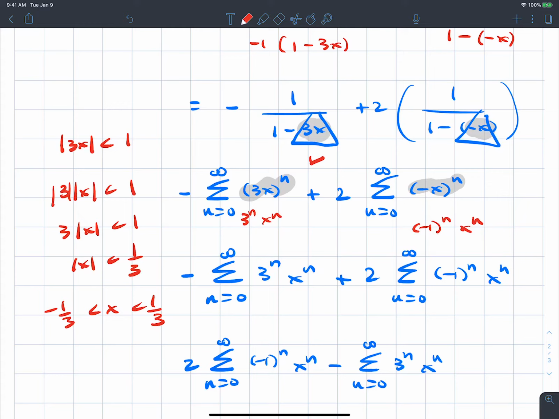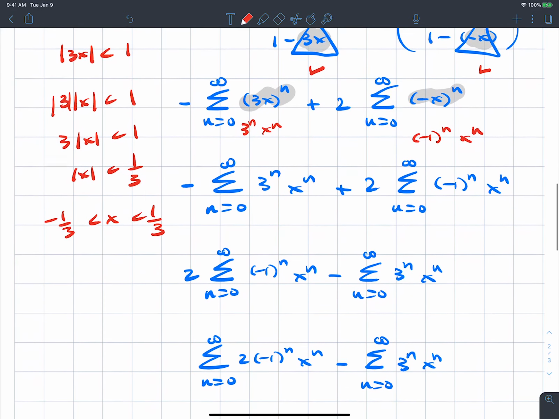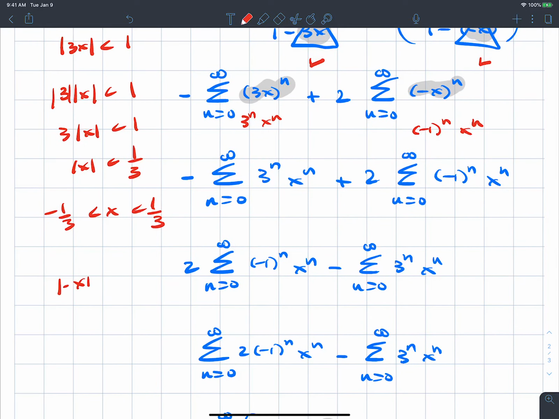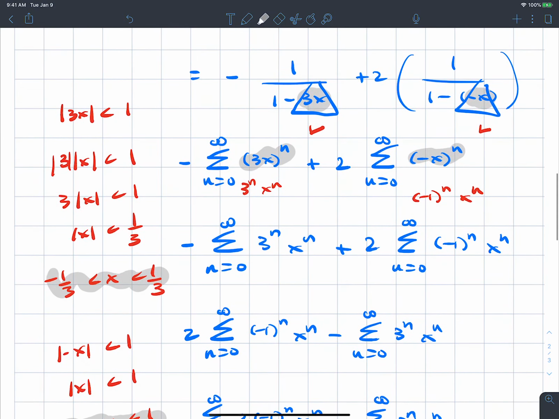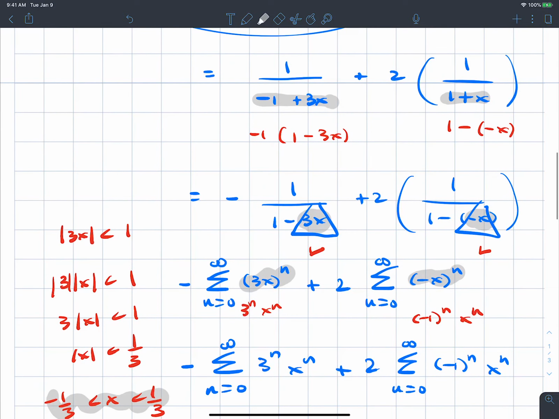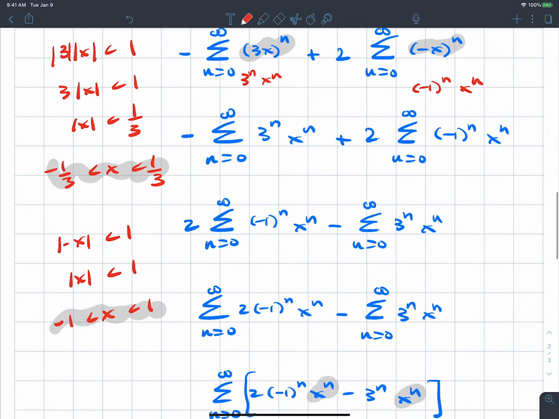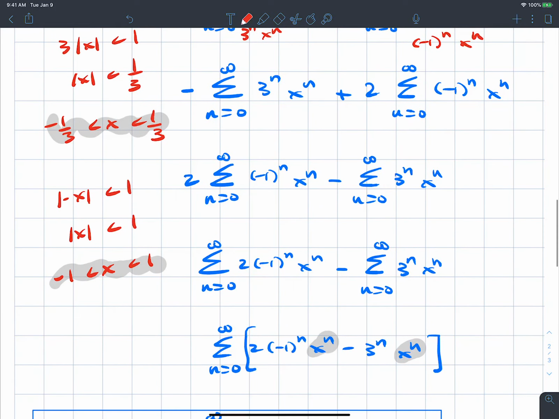Now be careful. We have 2 functions here to expand. And the absolute value of negative x now has to be smaller than 1, which is the same as saying the absolute value of x has to be smaller than 1. So we have 2 intervals to consider. We need convergence for both of these series, so we need the intersection of these 2 intervals, because it has to satisfy both the first interval and the second.